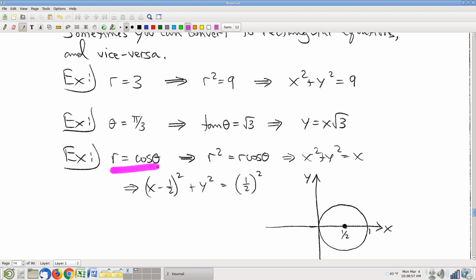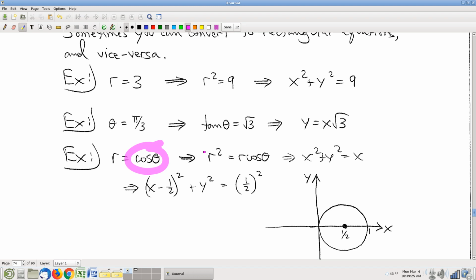What would you do with r equals cosine theta? Here's the trick in this case. Multiply both sides of the equation by r. There is a temptation to square both sides, right? When we saw an r previously, we squared, and that turned into an r squared, which was something familiar, and, yay, it all worked out. But if you do that here, yes, the r turns into r squared, but then the cosine turns into cosine squared, and what do you do with that?